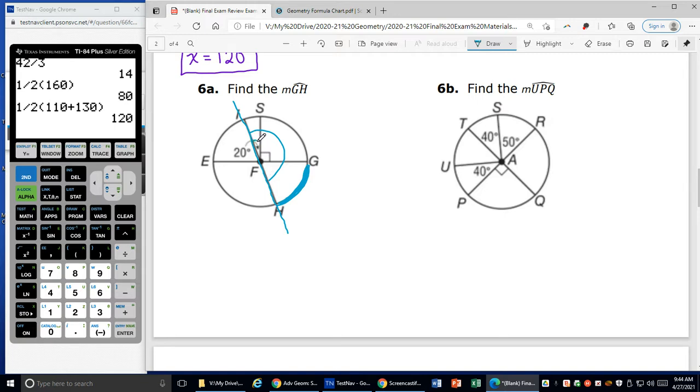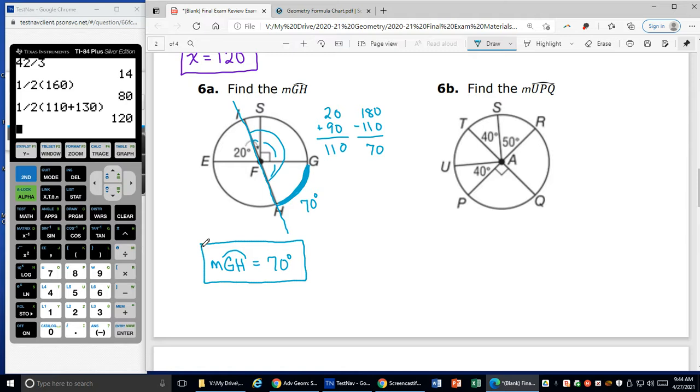I've used 20, I've used 90, so I need to know what's left for this one. So 20 plus 90 is 110 out of 180 degrees, leaves me with 70 degrees. So the measure of arc GH is 70 degrees. That's different from its length, right? We use the measure to find the length.